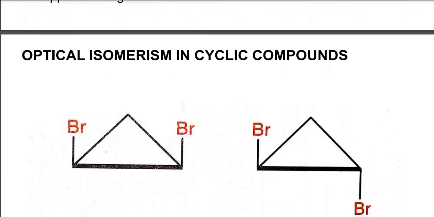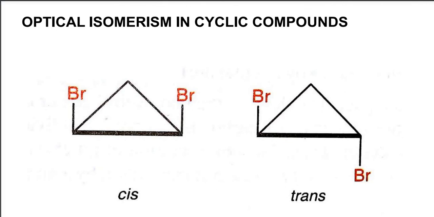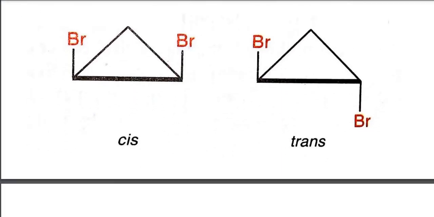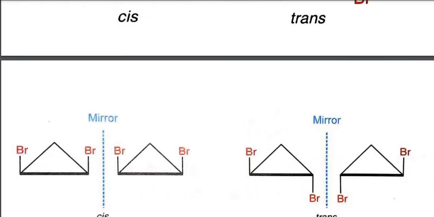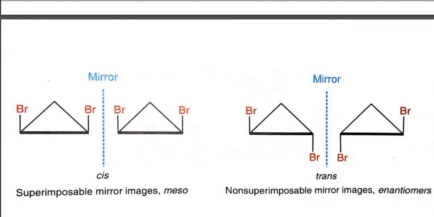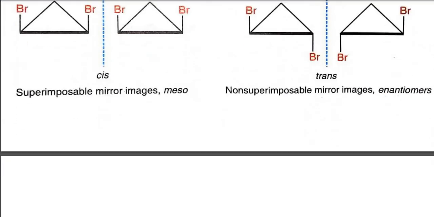Now you can see optical isomers in cyclic compounds. This is the cis form and this is the trans form. You know that a superimposable mirror image is the meso compound, and a non-superimposable mirror image gives the enantiomers.